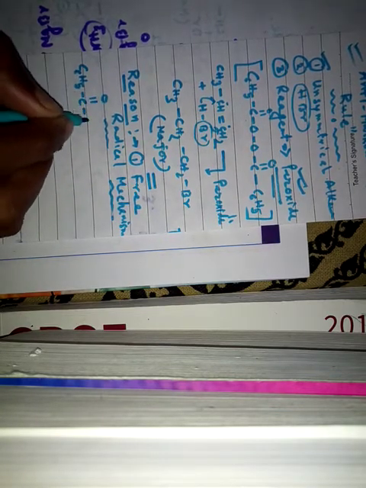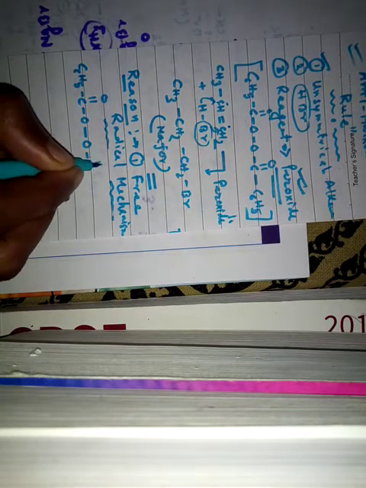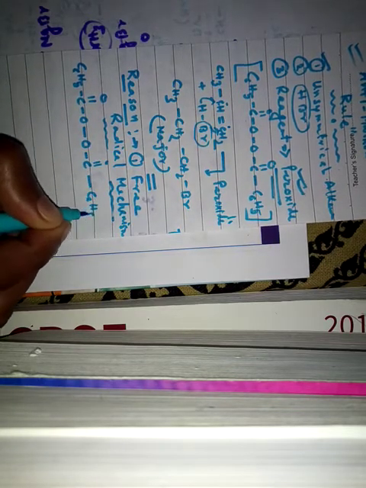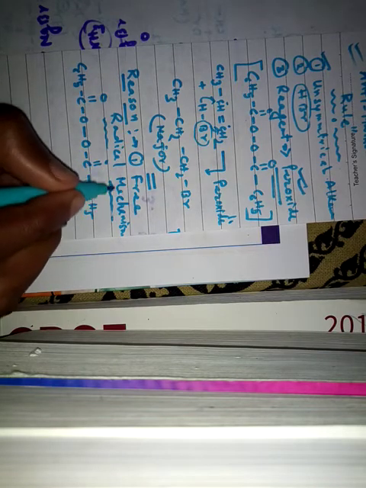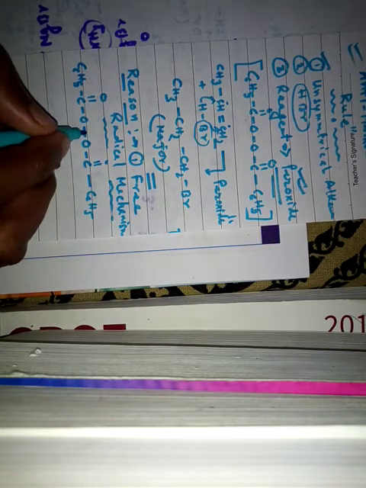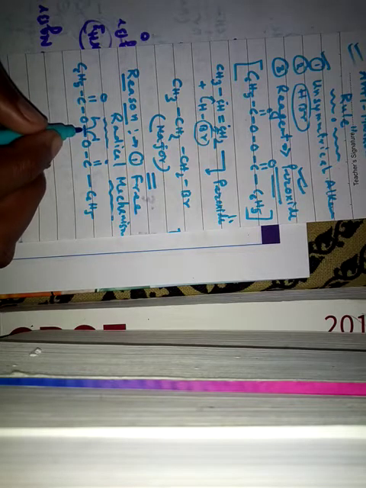First of all, we draw the structure of peroxide: C6H5-C(=O)-O-O-C(=O)-C6H5. We know that a free radical mechanism takes place, and the bond cleavage takes place in this way, and this bond will form two radicals.